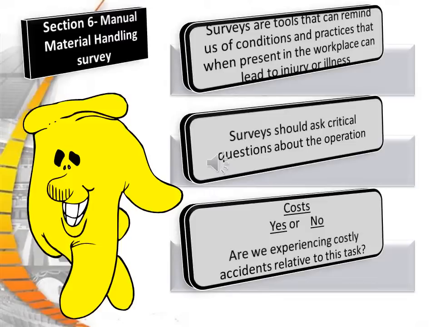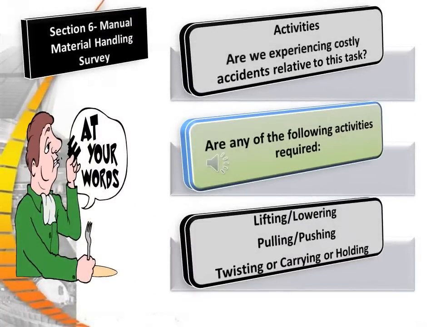Surveys should ask critical questions about the operation. Yes or no on the costs. Are we experiencing costly accidents relative to this task? Are any of the following activities required? Lifting or lowering, pushing or pulling, twisting, carrying, or holding.